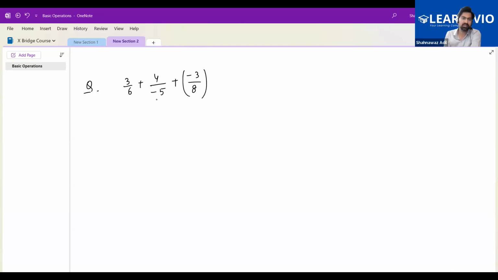What would happen to this minus? It will go in the numerator, and then plus minus would become minus. So this would become minus 3 by something. Then you find the answer. So this is the addition and subtraction of fractions, right? Now let us understand multiplication.